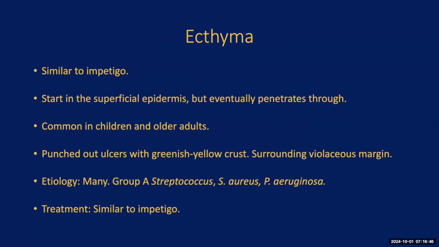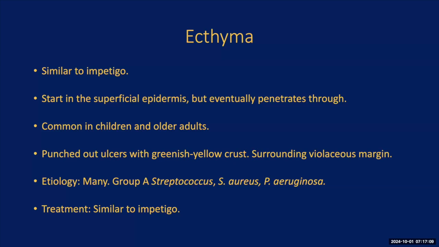So next we move to ecthyma. It is similar to impetigo, however, it can and sometimes does go into deeper layers of the skin. It's common in children and older adults, so at extremes of age. The way it presents is like a punched out ulcer.